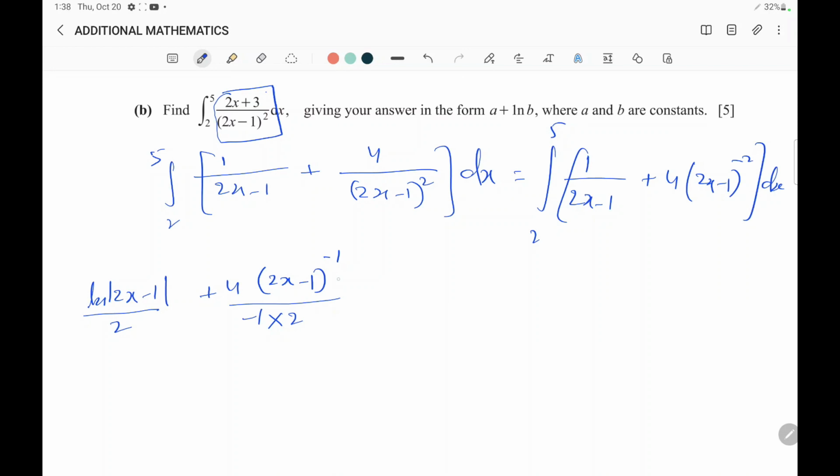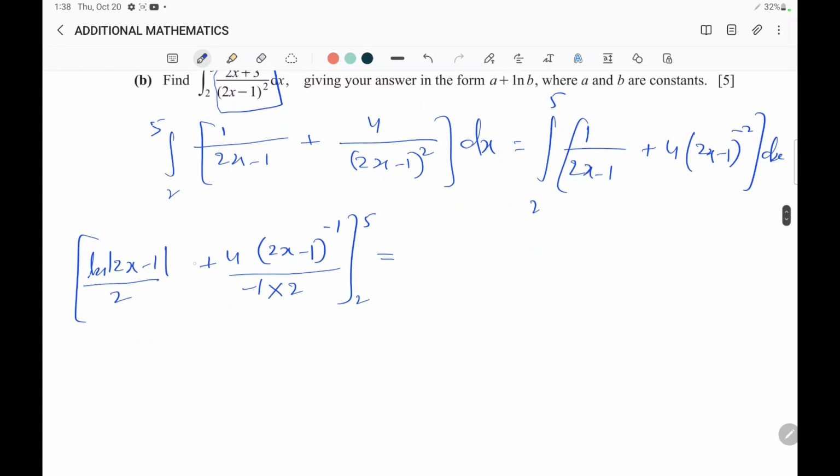We have to provide limits: lower limit is 2, upper limit is 5. Let's put the upper limit: ln |2 times 5 minus 1| over 2, and 4 over minus 2, it's minus 2, and (2 times 5 minus 1) to the power minus 1.